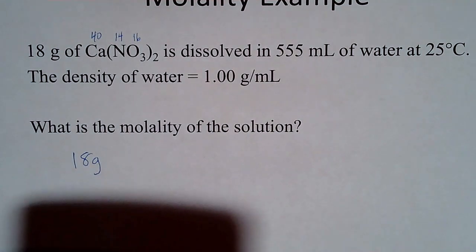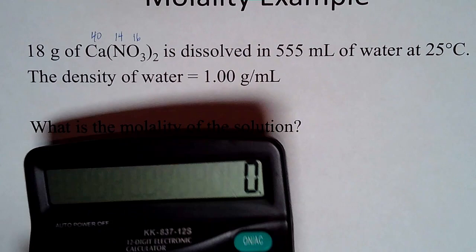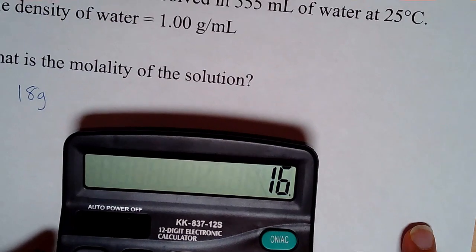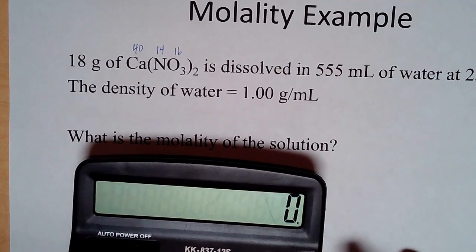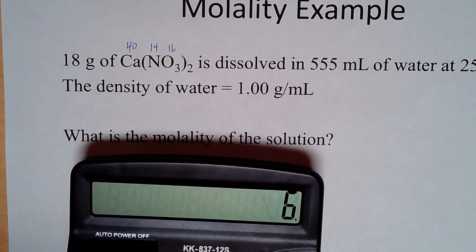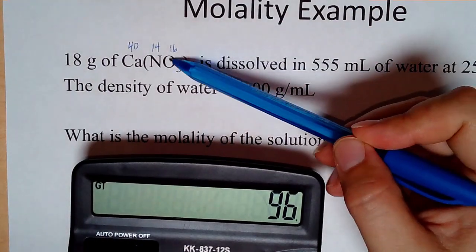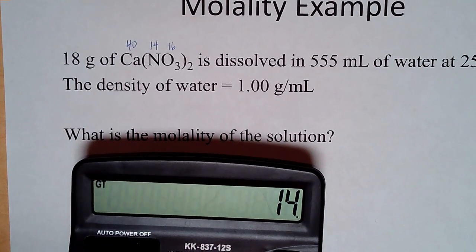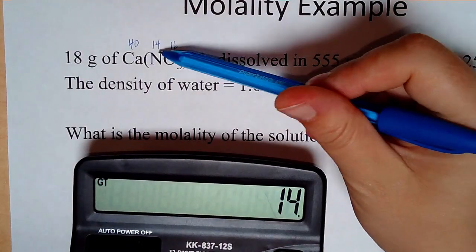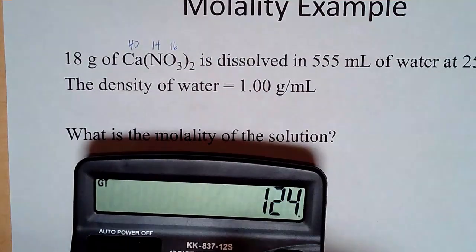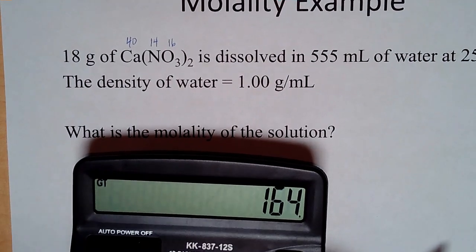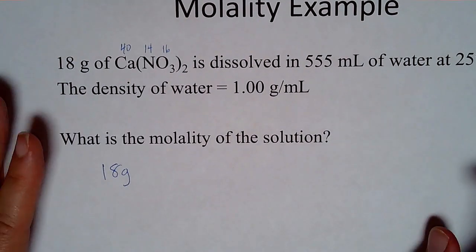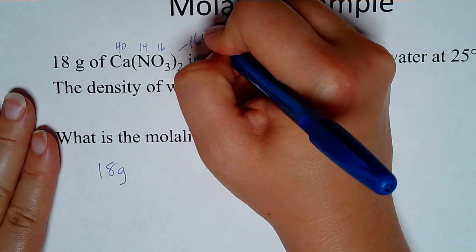Let's do the oxygens first since we have the most of those. 16 times 6, okay, so 96 for the oxygen, plus 14 plus 14, because we have 2 nitrogens, plus our 40. 164. Alright, so this is 164 grams per mole.